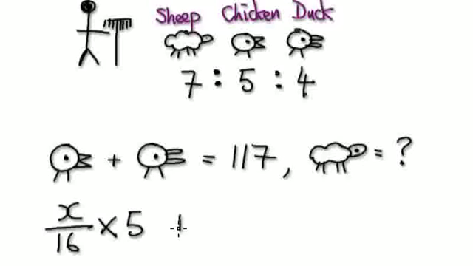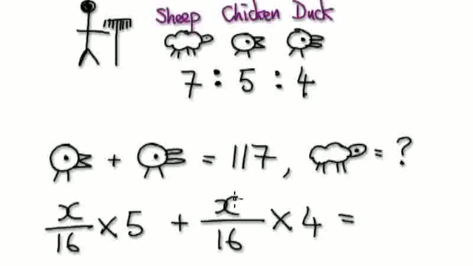On a separate note, if I get the total population divided by 16, and then times 4, that will give me the number of ducks. Now if I add this to this, it should give me 117, because you're told that the number of chickens and ducks equals 117. So I can just put it into an equation like this.